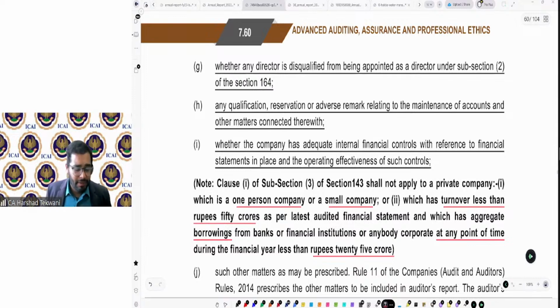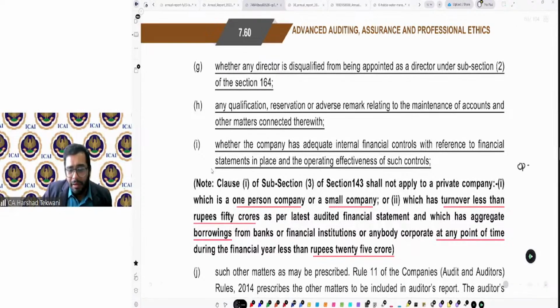So to summarize: OPC, small company, that is the first point. Or second, a private company, okay.